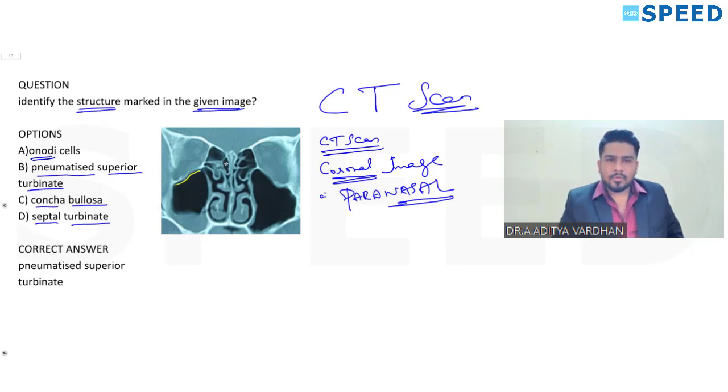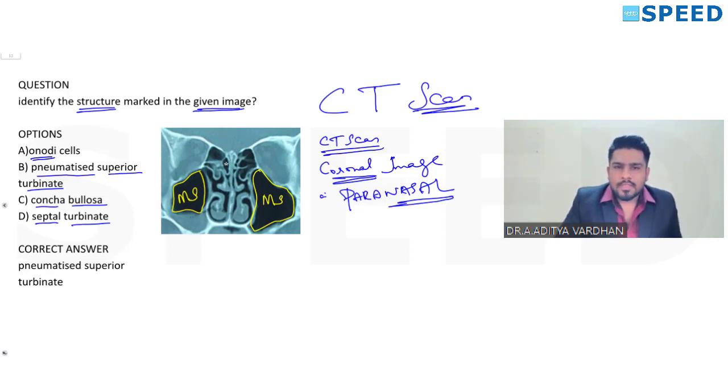Friends, here you are able to see these are both the maxillary sinuses, bilateral maxillary sinus. And you are able to see a bony part here.